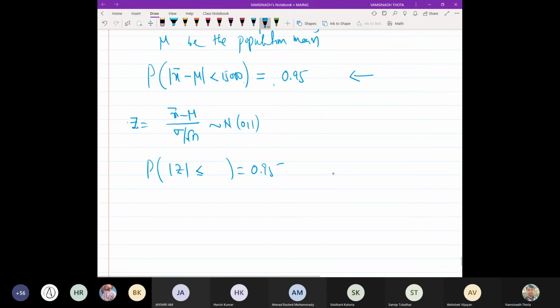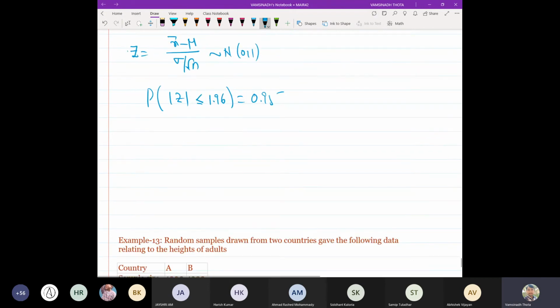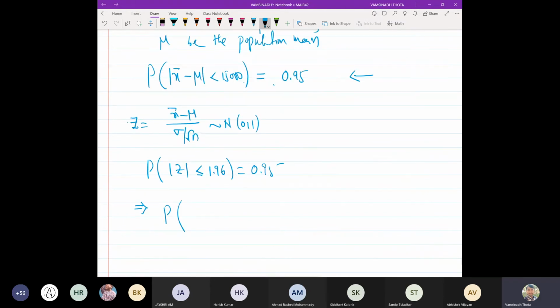It is 1.96, right? So this implies the probability of z bar, which is given as modulus of x bar minus mu upon sigma upon root n, is less than or equal to 1.96, that is equal to 0.95.